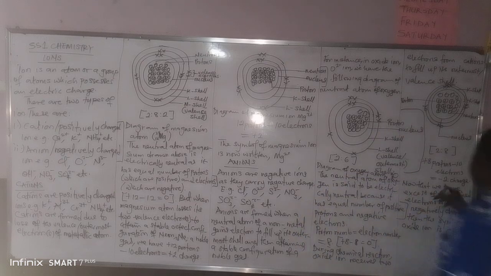This 2 minus is the excess, and when you subtract the 10 electrons from the 8 protons, you have minus 2. That is what it carries as its charge.